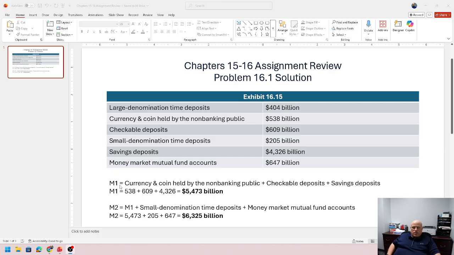Many of you, like I said, because you relied too much on AI, got that number incorrect. Instead of including the savings deposits in the M1 calculated value, you didn't include them. Again, that's one of the recent changes in how we define M1 money now.